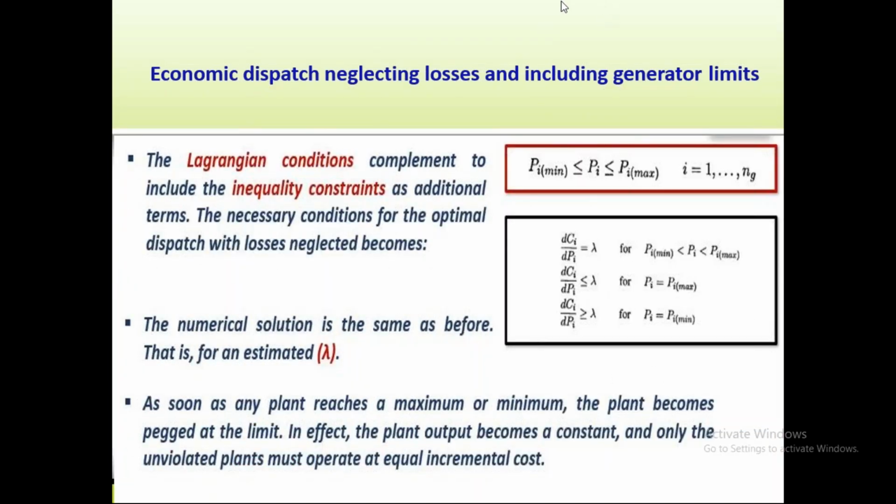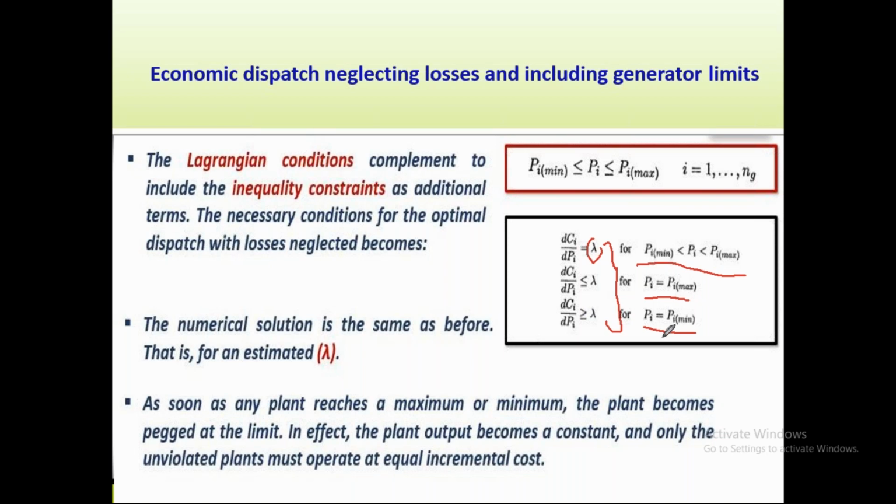Here also we have to consider the Lagrange conditions. Here we have three conditions. First of all, we have to find the lambda value, then find the power value again, and check this condition. If the incremental cost is less than lambda, then you consider the power value as the maximum value.